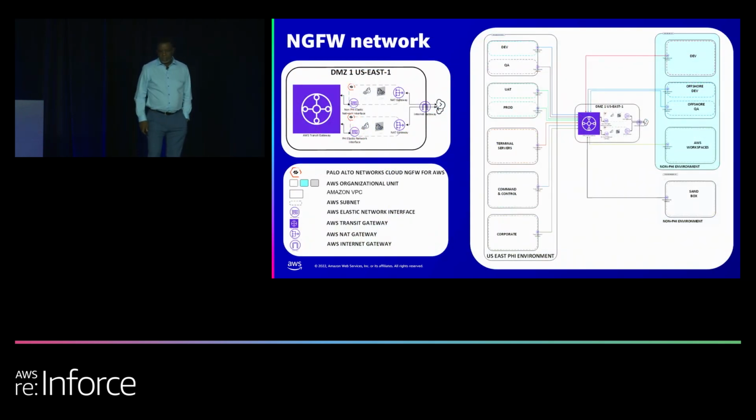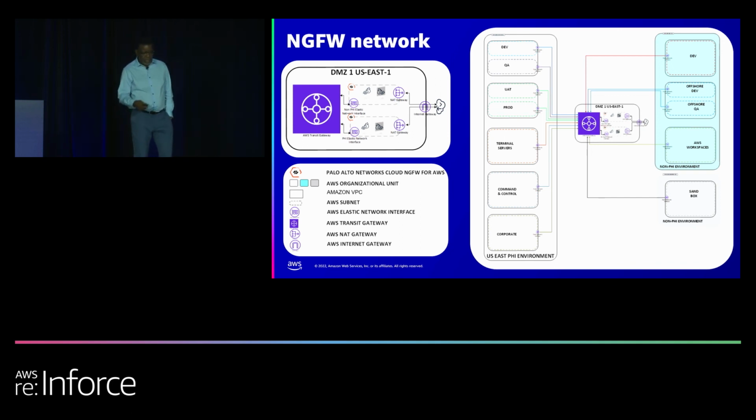This is what it looks like now, today. So all of a sudden, you see where we use the NIs into our VPCs. And in the center, you can see our Cloud NGFW setup with our transit gateway.